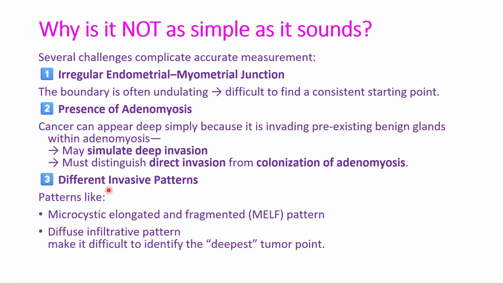And the third point is different invasive patterns like the MELF pattern. MELF means microcystic, elongated and fragmented pattern. We will discuss it in detail later in this session. And the diffuse infiltrative pattern. So, it makes it difficult to identify the deepest tumor point.